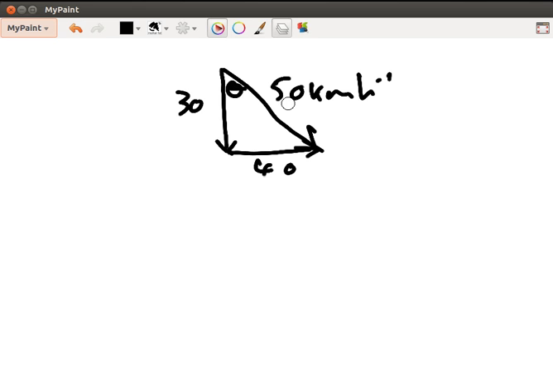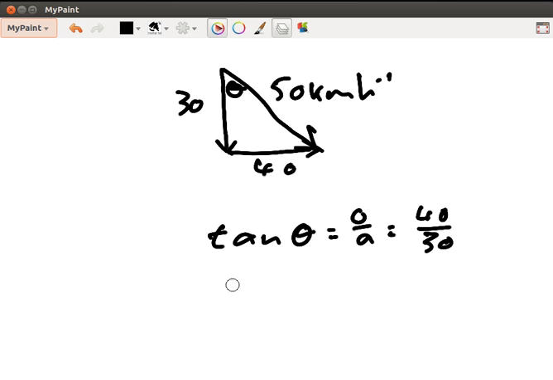This direction theta, remember that tan theta equals opposite over adjacent, which equals 40 over 30. So theta equals the inverse tan of 4 over 3.